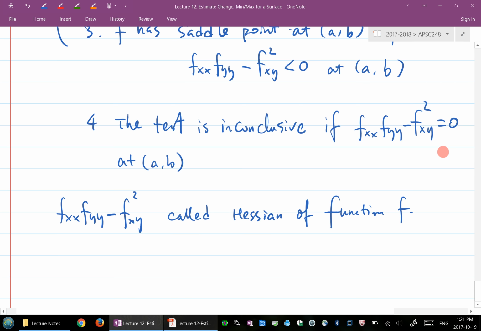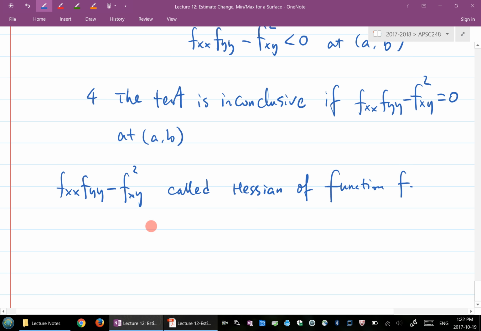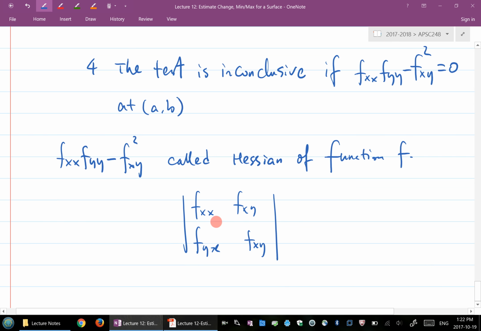If you put it into matrix format, the diagonal has fxx and fyy, and the off-diagonal has fxy and fyx.